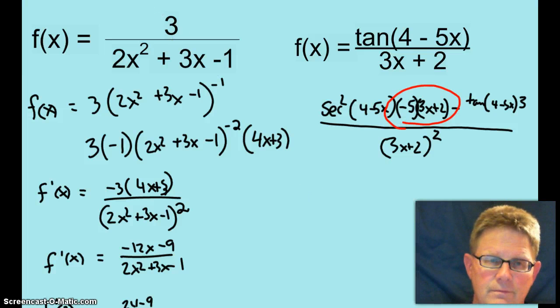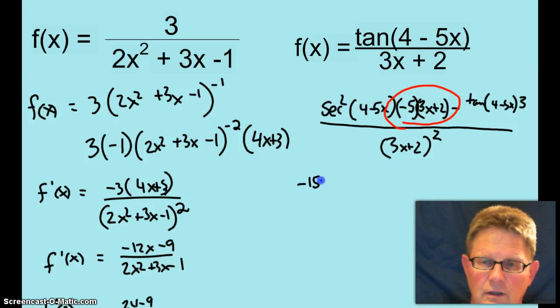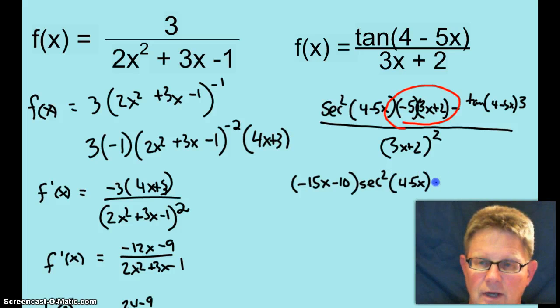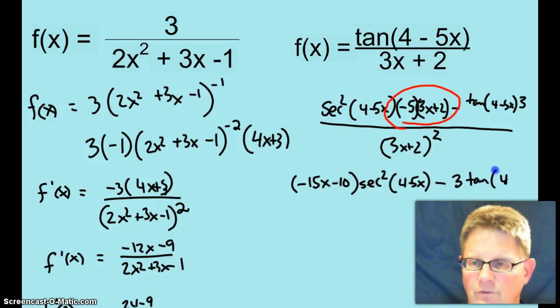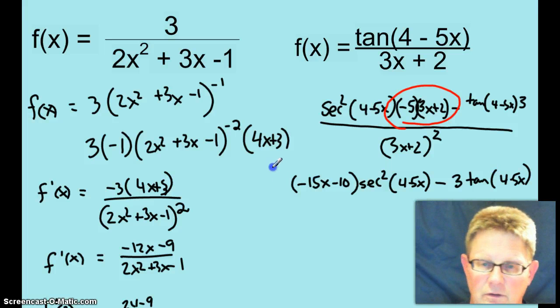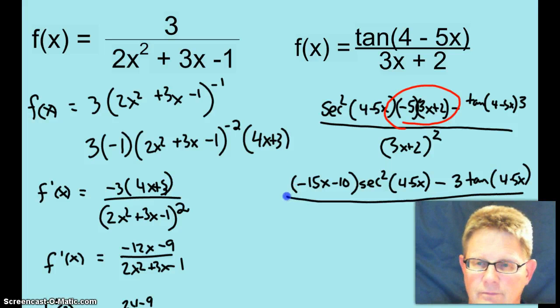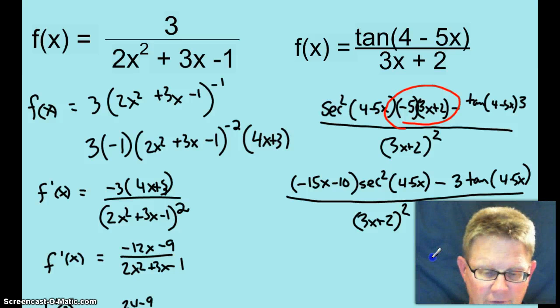So negative 15x minus 10 in parentheses times the secant squared of 4 minus 5x minus 3 tangent of 4 minus 5x all over 3x plus 2 quantity squared. And I don't think we want to go any farther than that.